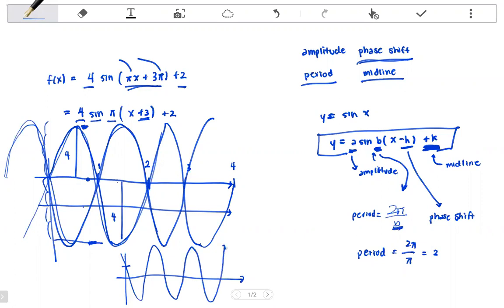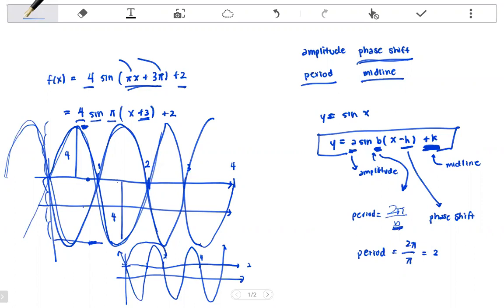where this point is 2, this point is 4 from here. And yes, so on. So we have a period of 2. Let's check if this is right.